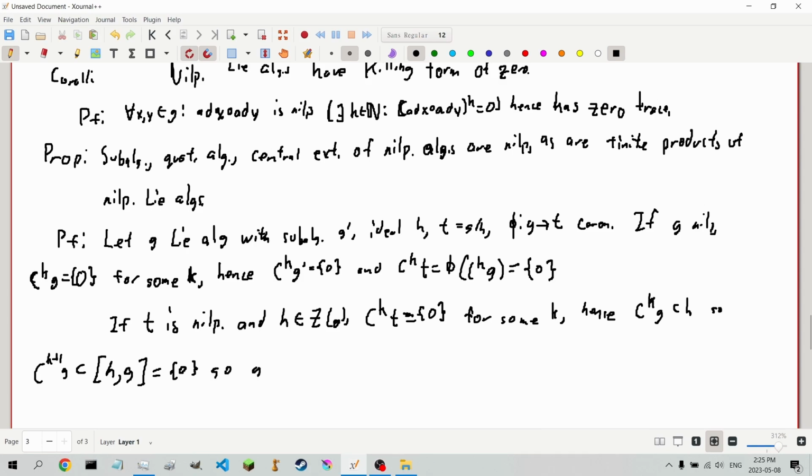So G is nilpotent. In this case, I believe T is our base algebra, G is our central extension. That's nilpotent.